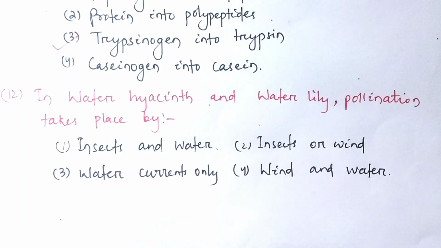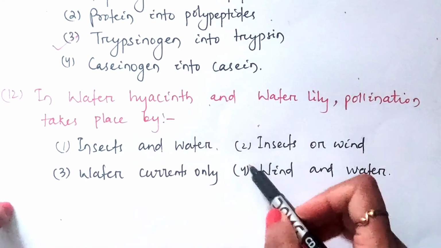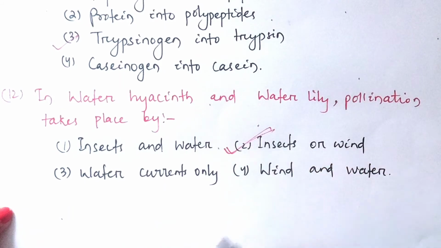Since the water lily and water hyacinth are in the water, their stem part is present above the thalamus, which is not in the water. So the pollen grains are in the upper part of the thalamus, so pollination cannot be done by water. Here pollination occurs by insect or wind. So the correct option is insects or wind.